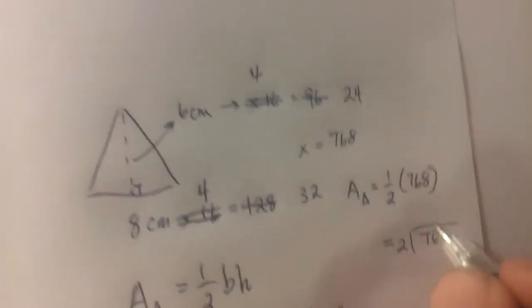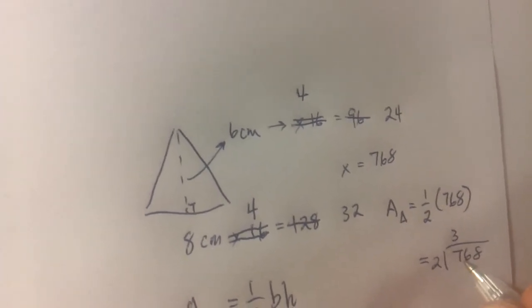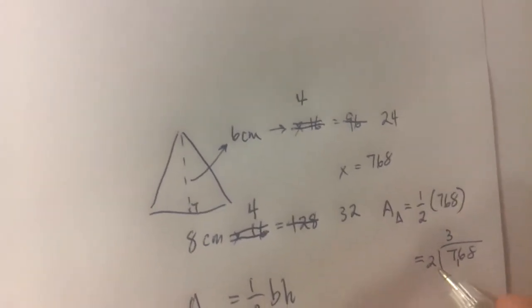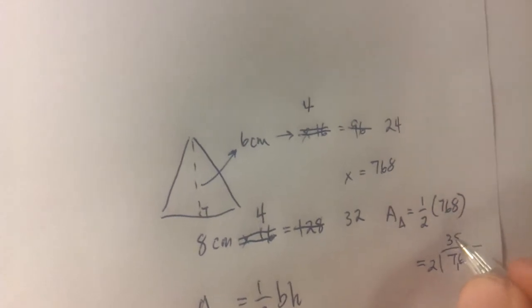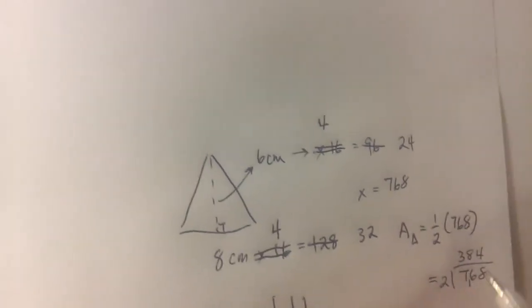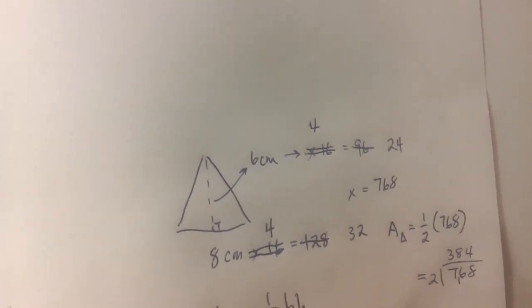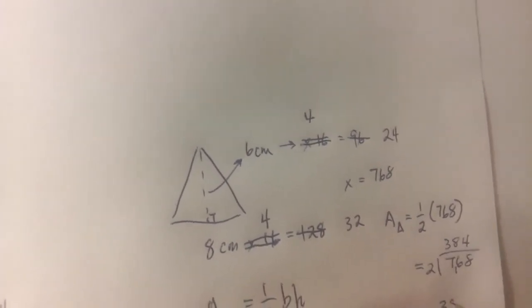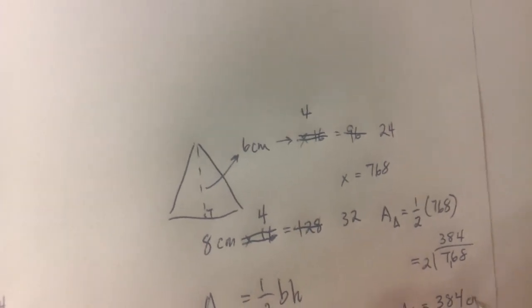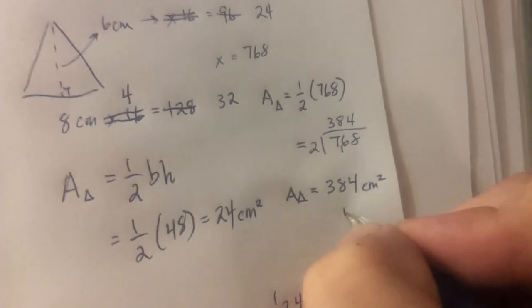So 2 goes into 7 3 times. 6, 7 minus 6 is 1. 2 goes into 16 8 times. Remainder is 0. 2 goes into 8 4 times. We see that the area of the triangle is 384 square centimeters. So we checked it.